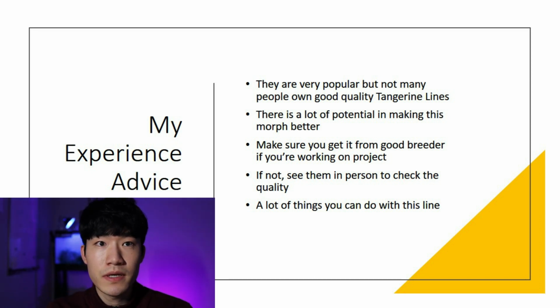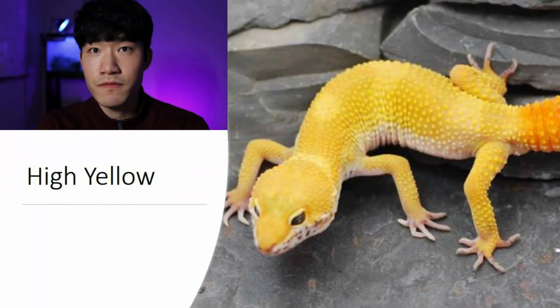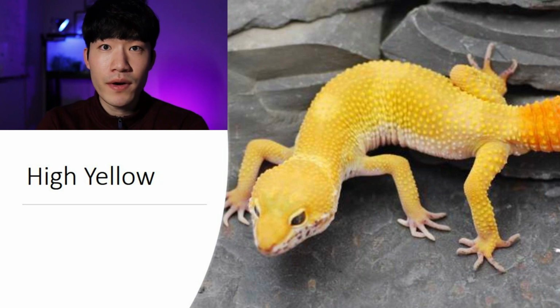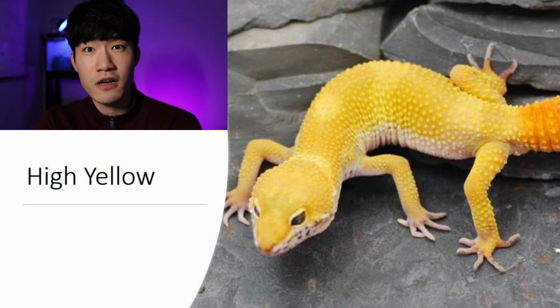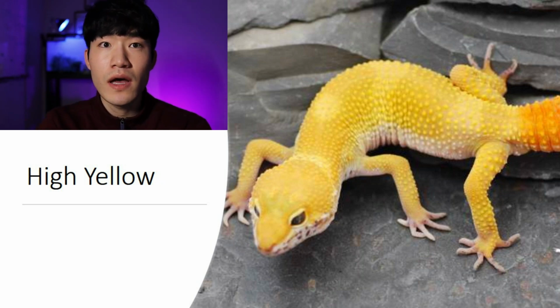Number one reason is, here's my example, the high yellow. When the first tangerine line was found and people were just getting into it, this high yellow was one of the best qualities they could produce at that time. Obviously, because people wanted them, everyone was jumping into it, and they were running out of geckos and had to wait for next year and another year and so on.